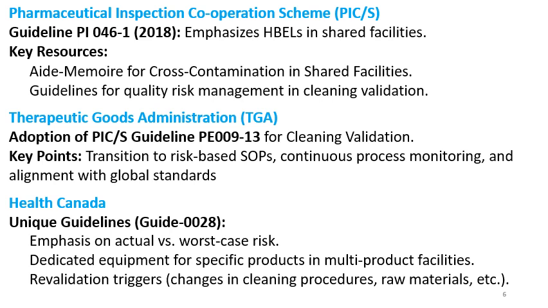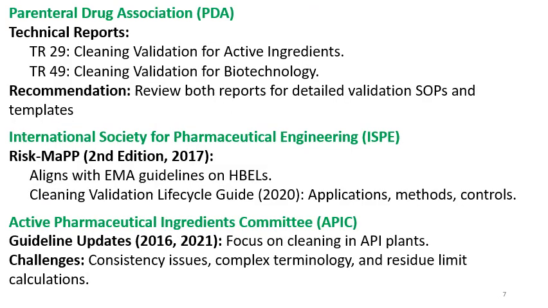So these guidelines also give information on dedicated equipment for specific products. Revalidation triggers, that means when revalidation is triggered, which is based on changes in the cleaning procedure and the raw materials. So this is regarding Health Canada.